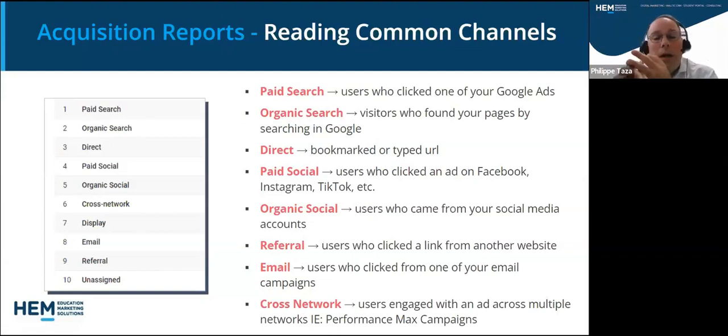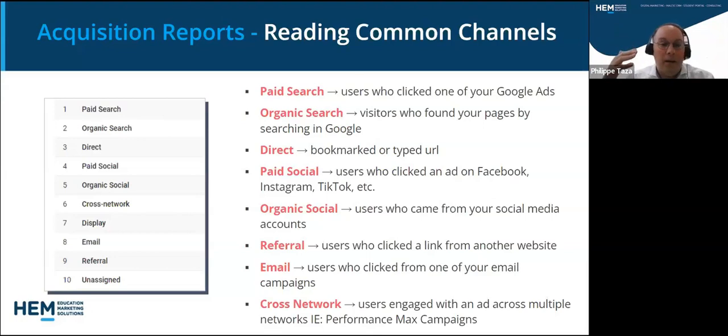Organic social is a new one that's been provided out of the box. Cross-network is also something that's new. But in terms of what channels are, years ago, before channels came into play, and I'm going to say it came into play about 7 or 8 years ago, sources were the only type of data that was relevant in terms of traffic going to the site.